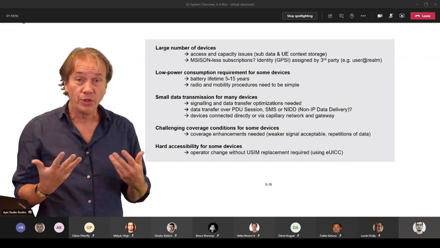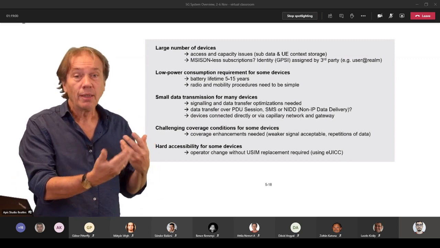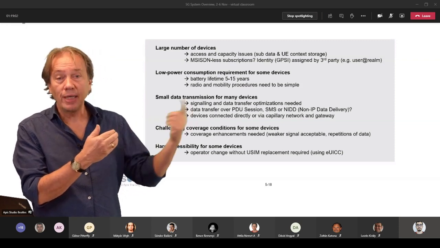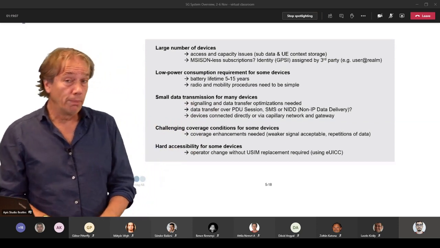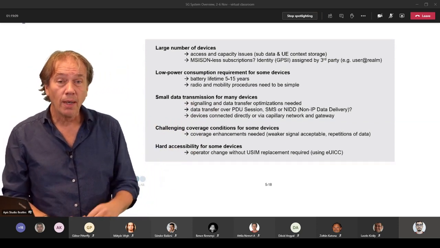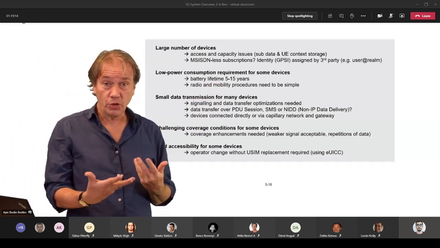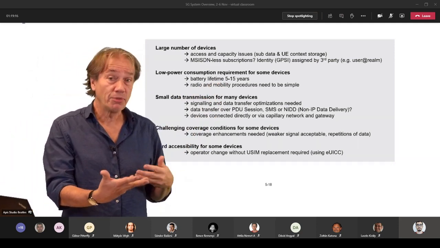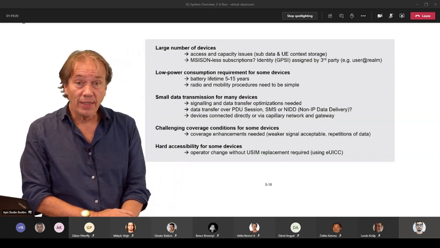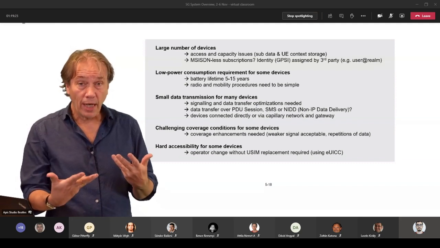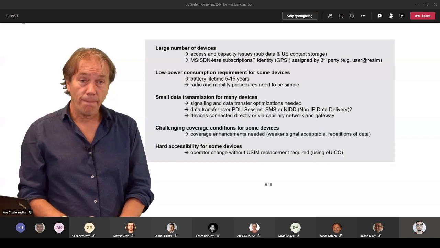If the user equipment has to read system information, monitor paging, send status checks and pings, the battery will be gone very quickly. So many of these connected things will basically go into some type of sleep mode for hours or even days, and then occasionally wake up and report something and then go back to sleep mode.